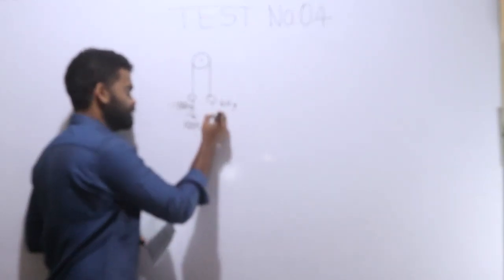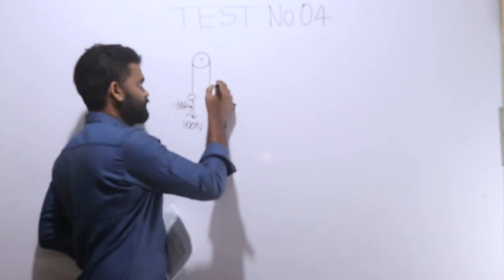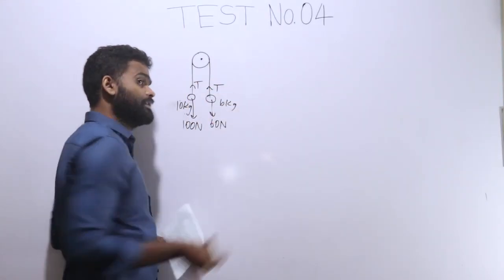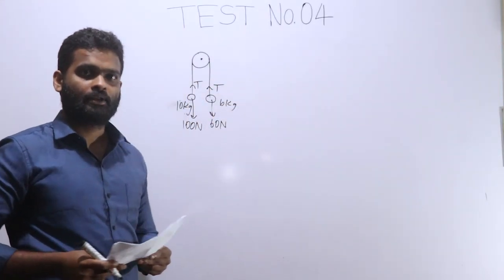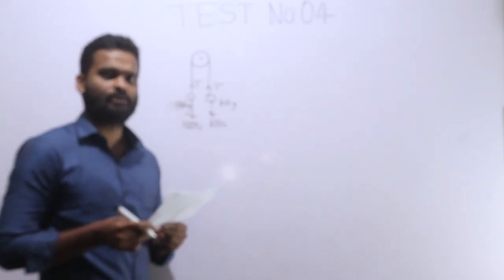So the weights acting on each are 100 newton and 60 newton. Tensions at both sides of the string should be the same because it's a smooth pulley. So simply you have to apply Newton's laws to each mass.